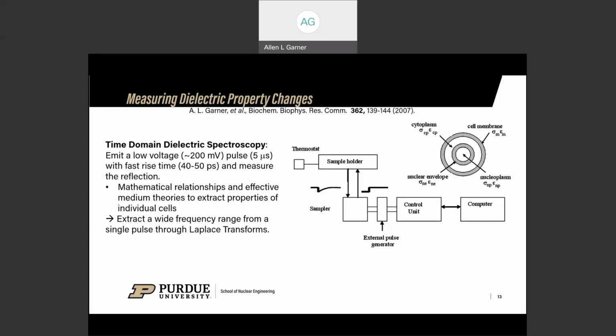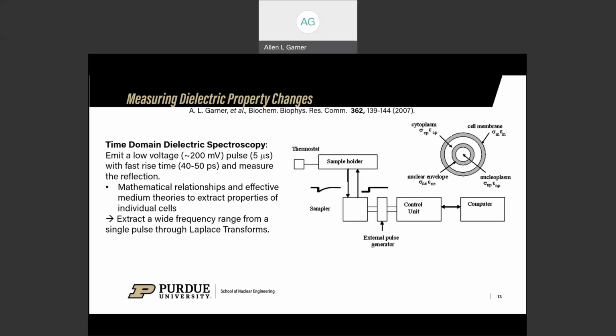We've talked a lot about pulses where we're applying very high intensity fields. Time domain dielectric spectroscopy works by emitting a long duration, 5 microsecond, but very fast rise time pulse, 40 to 50 picoseconds, at very low intensity, about 200 millivolts. And you're shooting this pulse down a coaxial line.